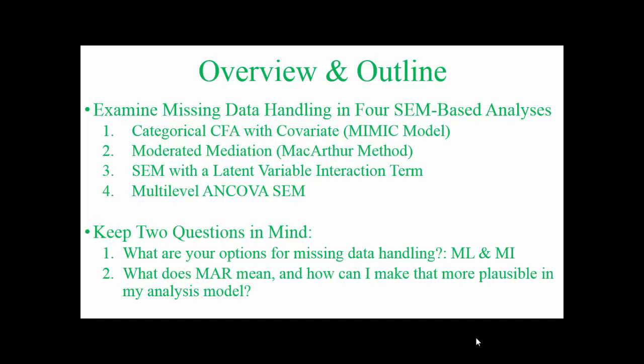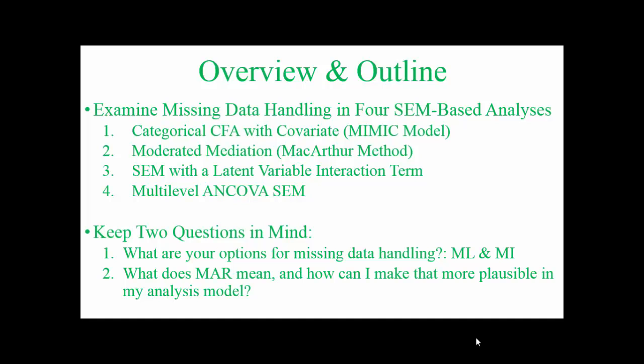So not only can you form latent variables in your analysis model, you can say, give me an interaction between those 2 latent variables. So you can have a main effect for latent variable A, a main effect for latent variable B, and you can create a latent variable A by B interaction all in one move. And you can handle missing data in an analysis like that, and we'll take a look and see how.